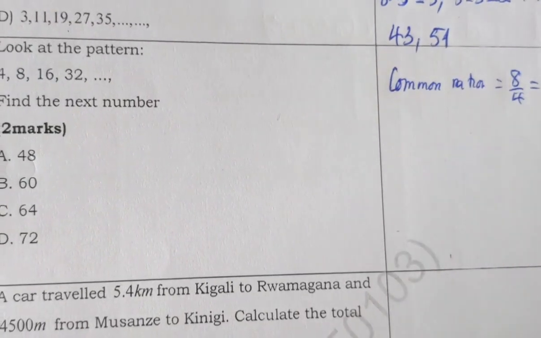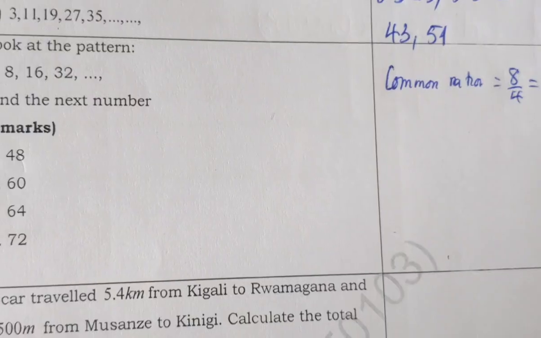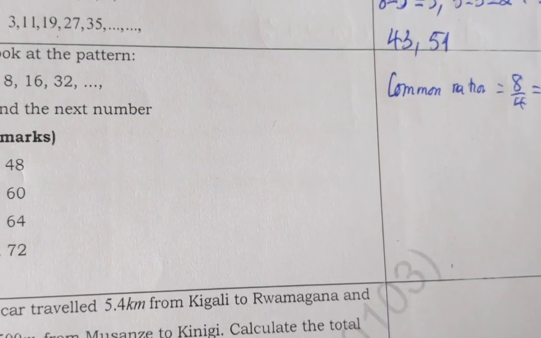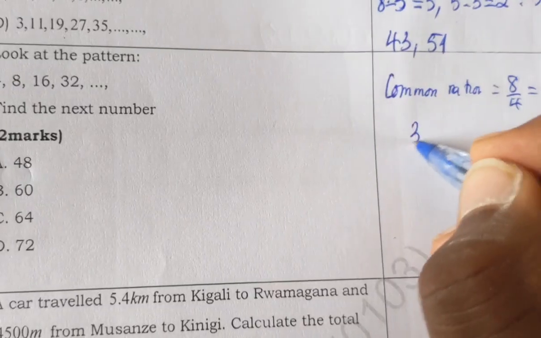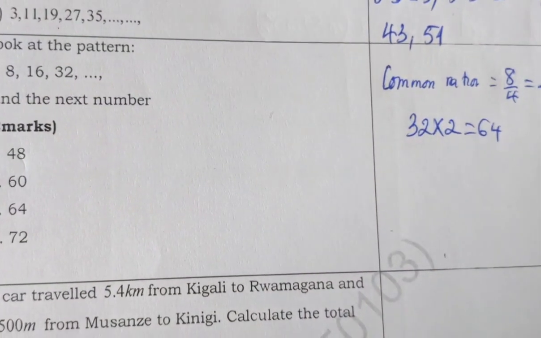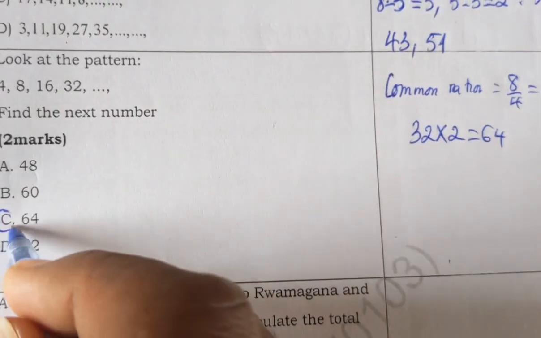To mean to get another number, it was multiplied by 2. To mean the next number here is 32 times 2, which is 64. To mean the correct answer here is C.